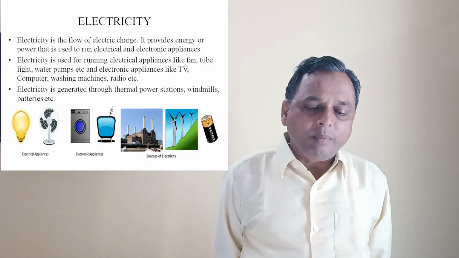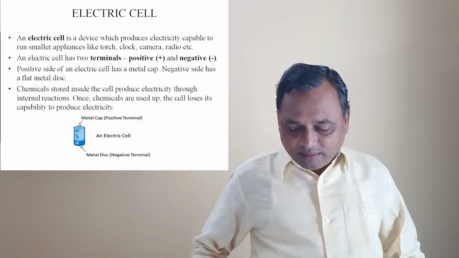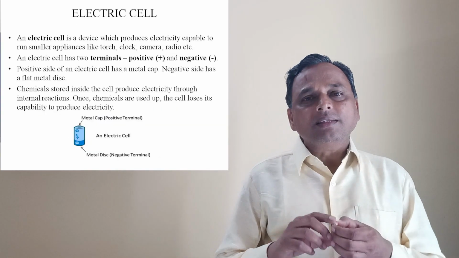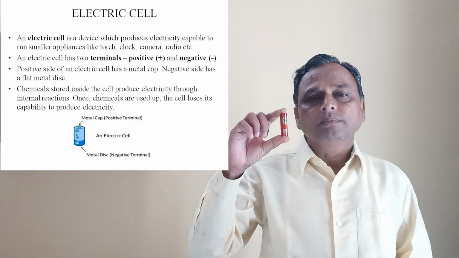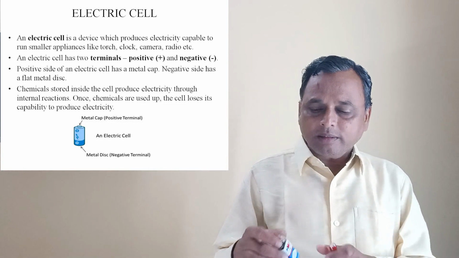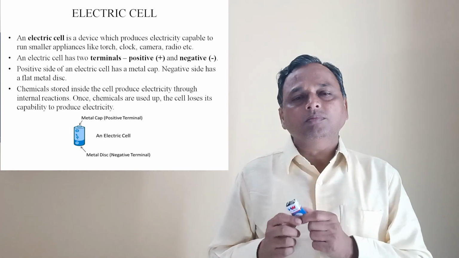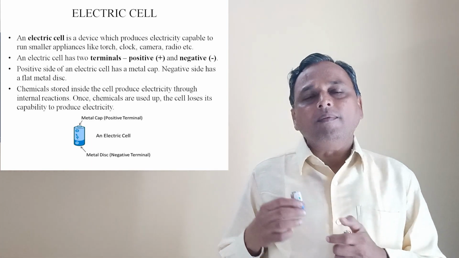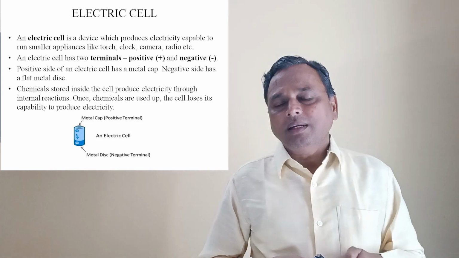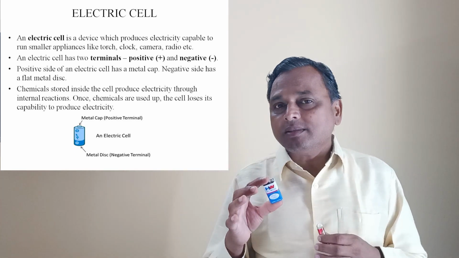In addition, we may get it through windmills, but the simplest form for us is the battery, where the electricity is stored. In this lesson, for every experiment we have to use only batteries.